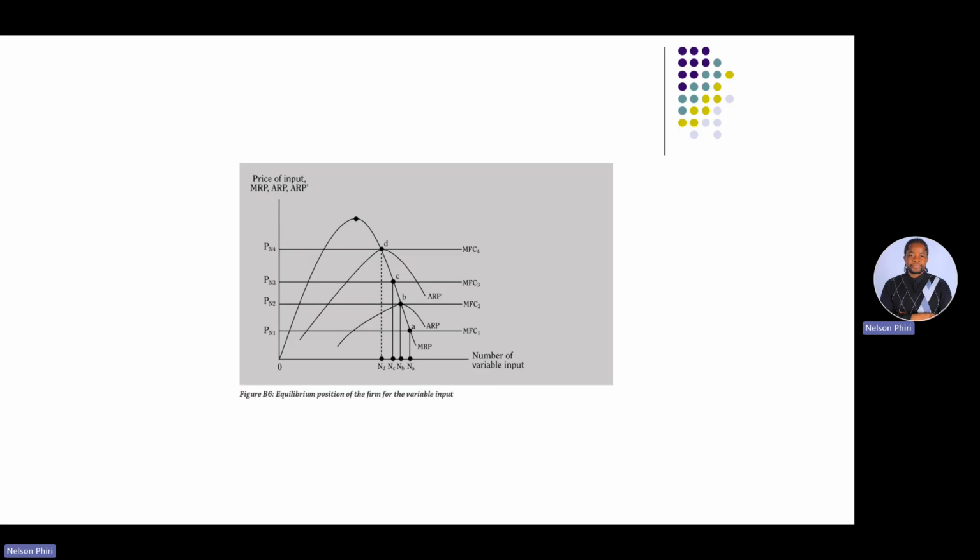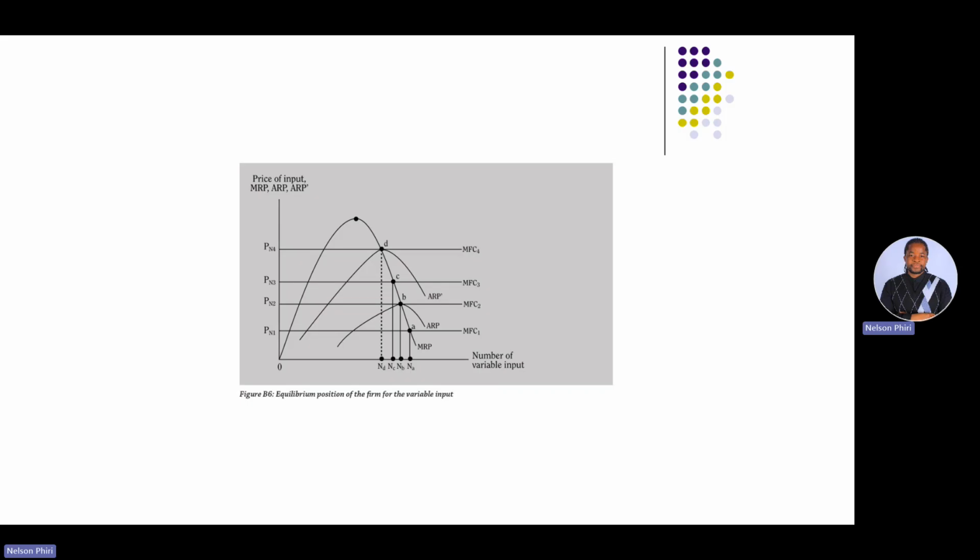Another way to look at it would be to look at the total revenue generated by that firm. The total revenue generated by that firm in that case is your ARP, the line A, the ARP times NA. That is the revenue generated by NA units of the input, and this exceeds the cost of deploying those units, which is given by PN1 times NA plus fixed costs.